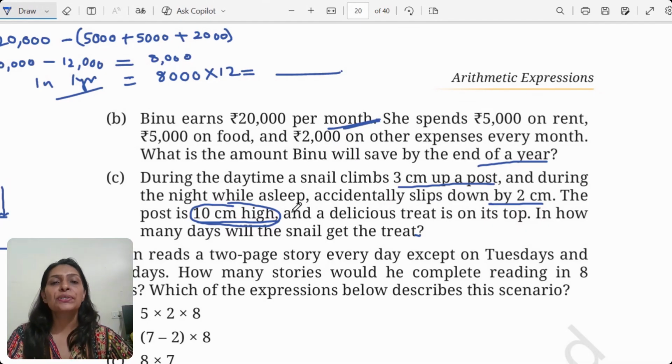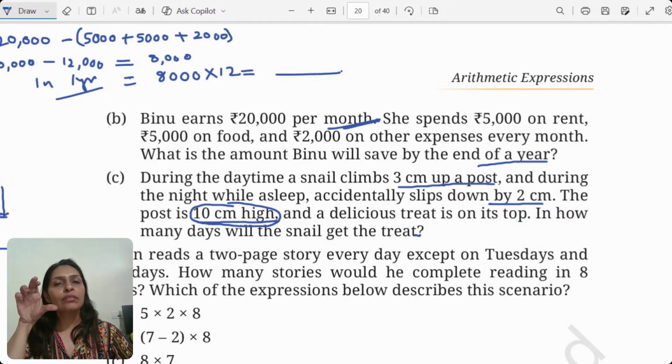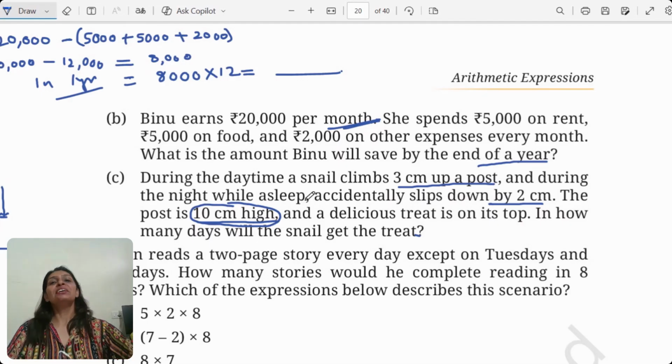After it has reached the 10 centimeter height, it is already on the top and is going to get the delicious treat. After that, it is not going to come back because it's already on the top. The snail will stop there, maybe have some fun around, and go search for another food later. So again, I'll be waiting for your answer.